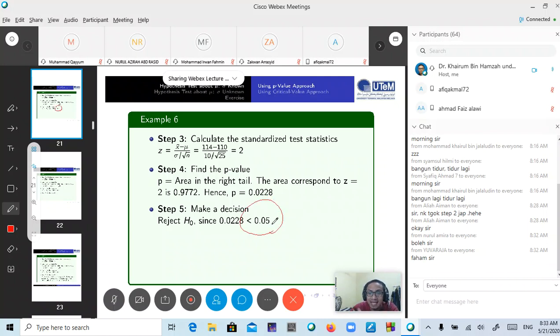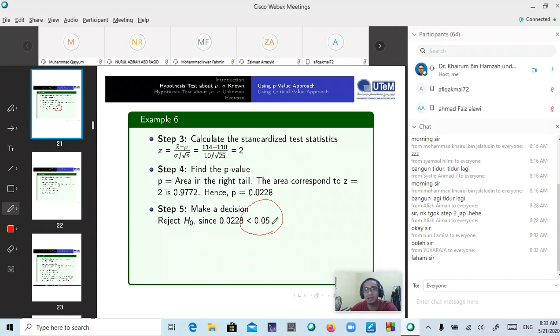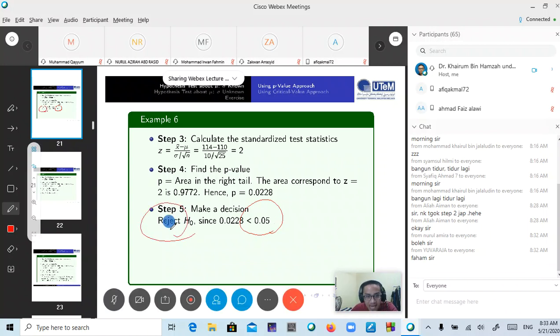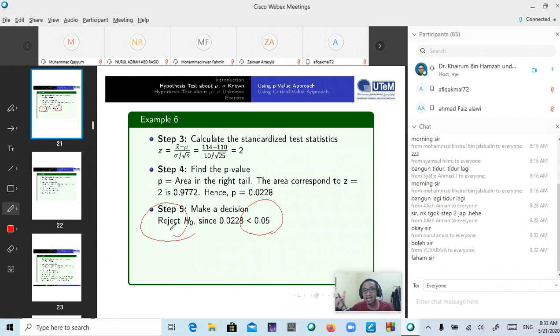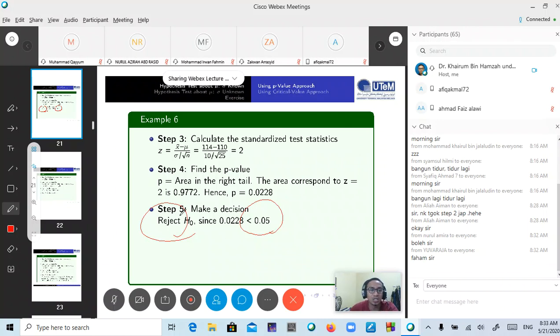Since your p less than alpha, we reject H0. Okay. If your p value greater than alpha, fail to reject H0. So in this case, your p value less than alpha, so we reject H0.